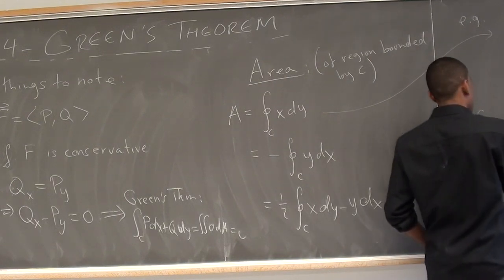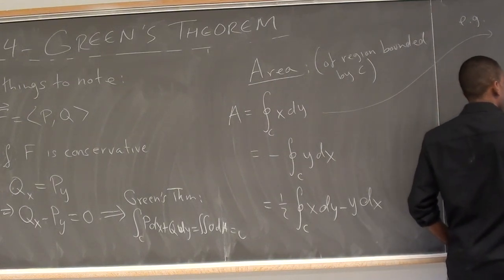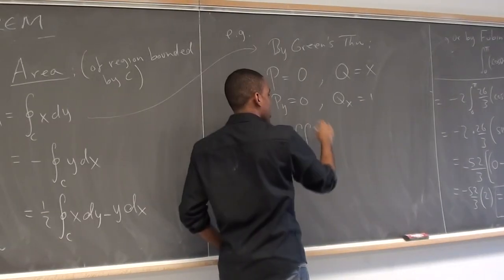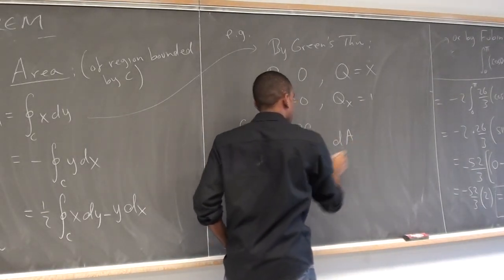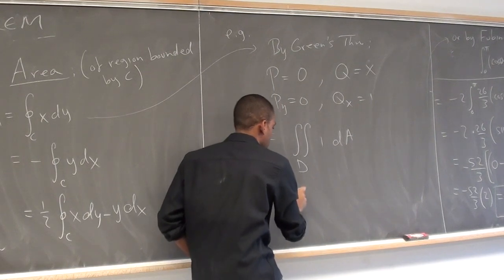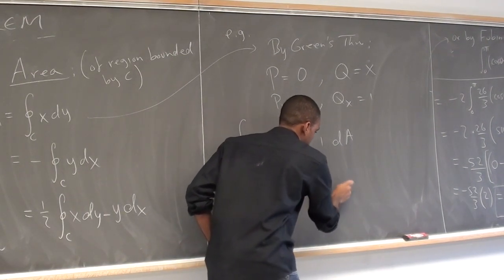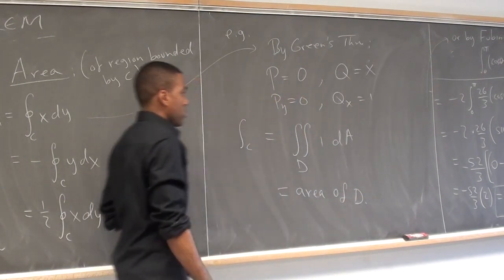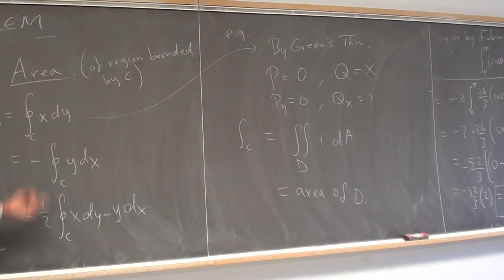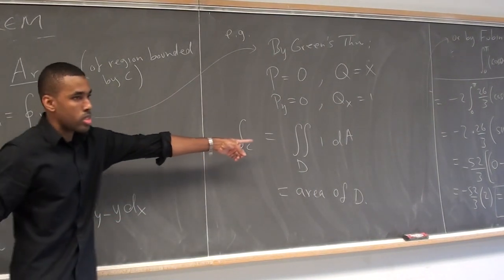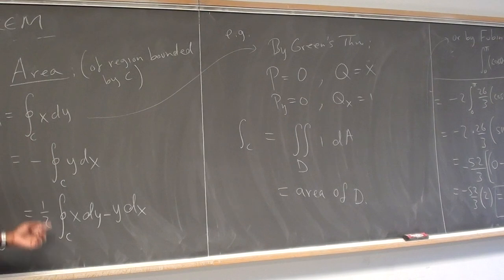The line integral along C would be the double integral of this minus that, which is just 1 dA, which we know from Calc 3 is the area of D. So if you apply Green's theorem to all of these, you get precisely this integral, and doing any of these line integrals is equivalent to finding the area.